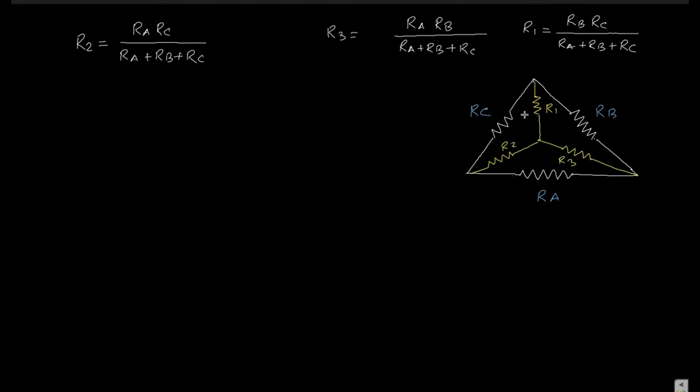Again, when you calculate R2, R2 becomes RC RA by RA plus RB plus RC. When you calculate R3, R3 becomes RB RA whole divided by RA plus RB plus RC. If you take one example, it will be easier to do this star delta conversion. Okay, now star to delta.